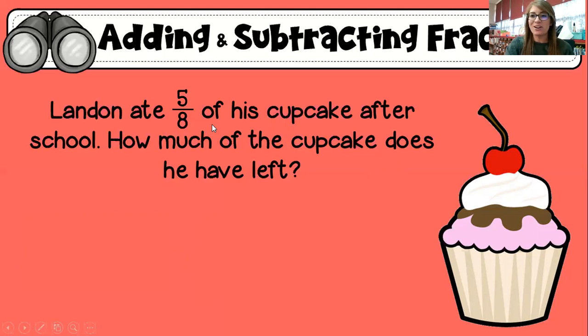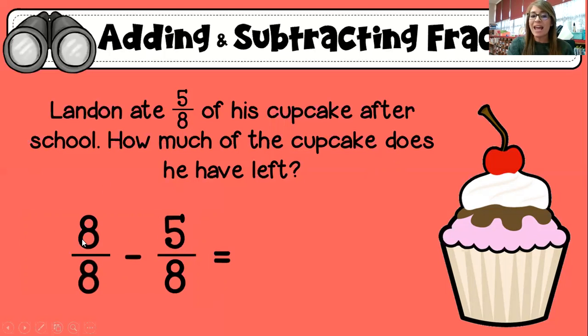How many pieces are in the cupcake total. So if there was a whole cupcake to start with, that means that 8/8 of the cupcake was there to start with. So 8 out of 8 pieces were there. And then he ate 5/8 of those 8 pieces, or 8 little bites, I guess, out of the cupcake.